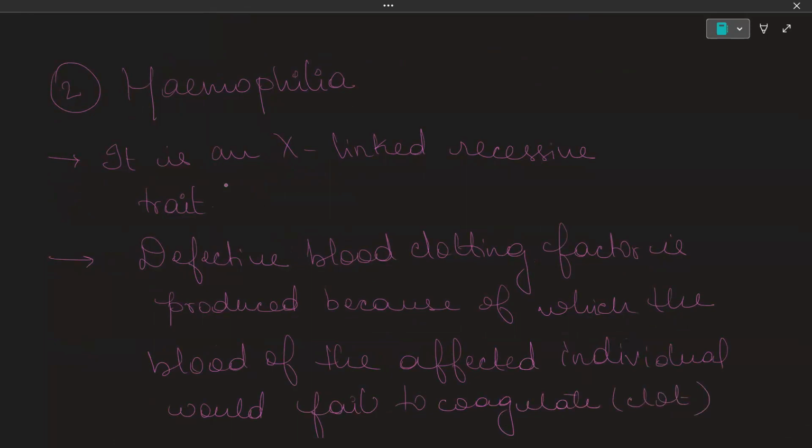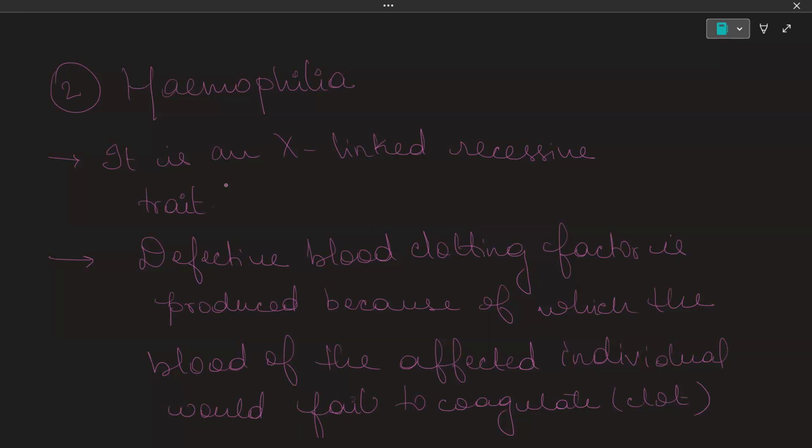So blood clotting won't be there. So even if a person gets a very minor simple cut, the bleeding will never stop.